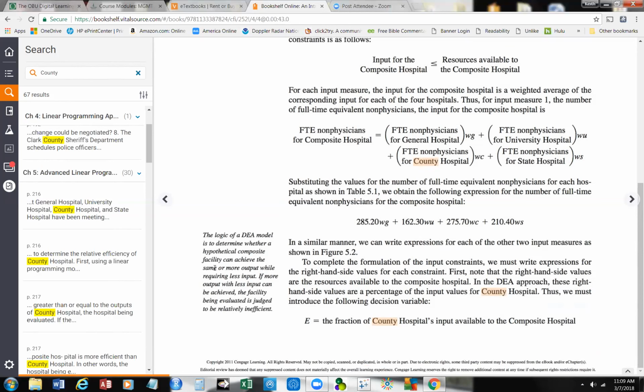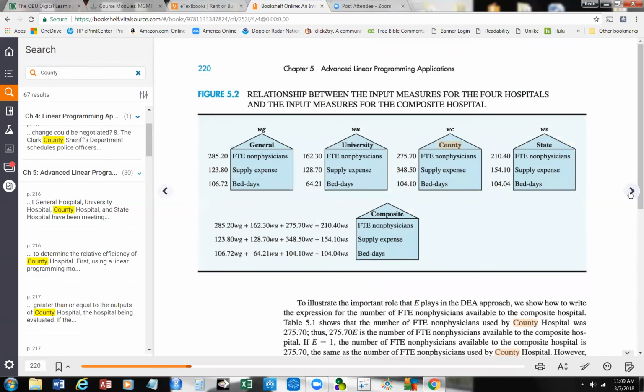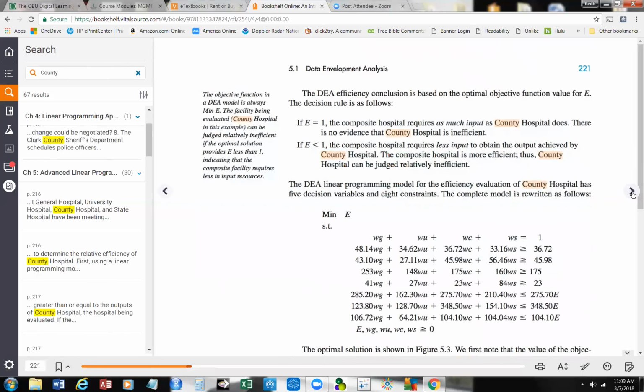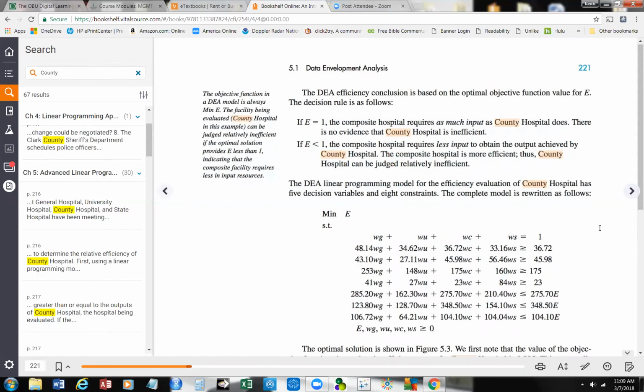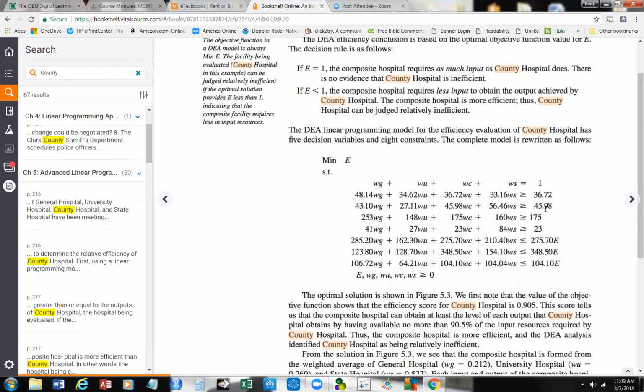That's what we talk about: the same or more output while requiring less input, the so-called notion of the equifinality of inputs. Then we see the composites for the input measures, and then we see our mathematical model, and we're going to minimize the efficiency subject to these constraints.